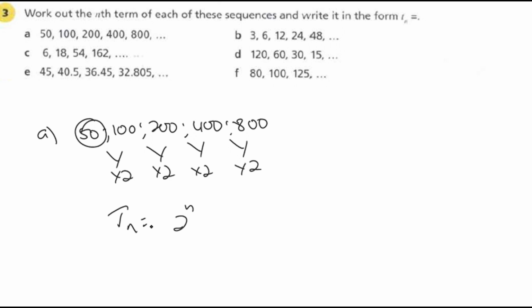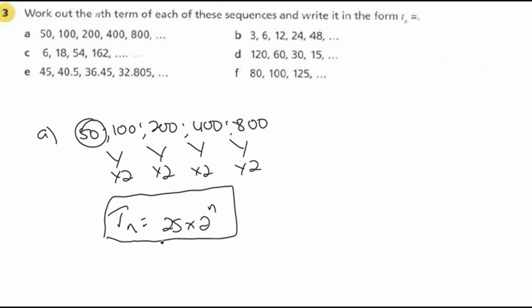So Tn will be 25 times 2 to the n. Now let's check that this works for the next terms. When n equals 2, 25 times 2 squared will be 25 times 4, which is 100, which is the second term. So that checks out.